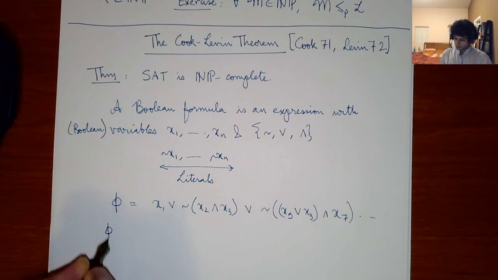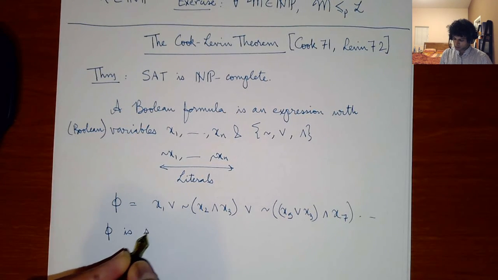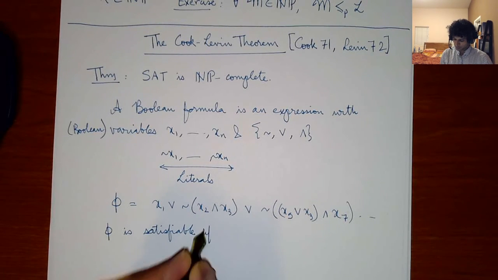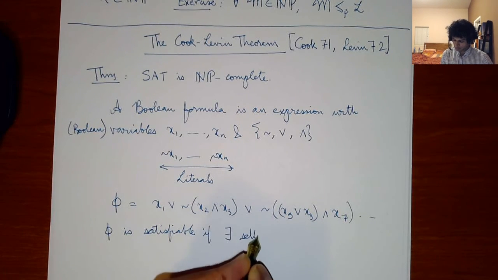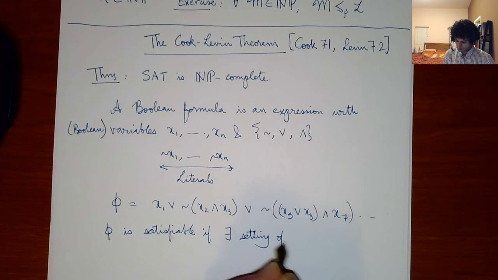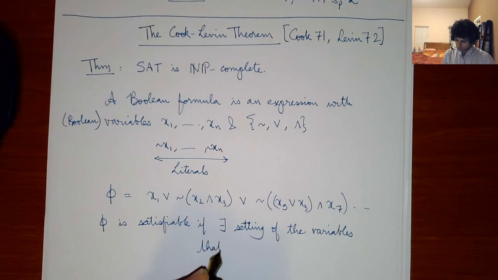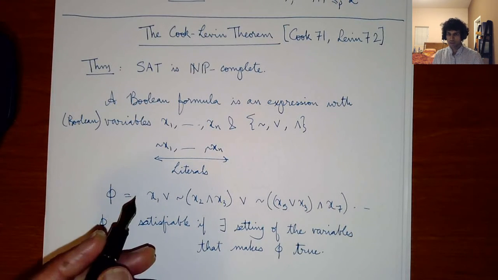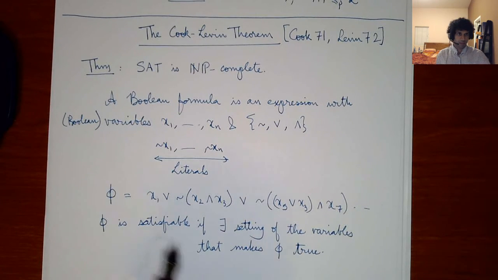And so phi is satisfiable if there exists a setting of the variables that makes phi true. You can set variables true or false, and when you set these things to be true or false, phi will either be true or false.